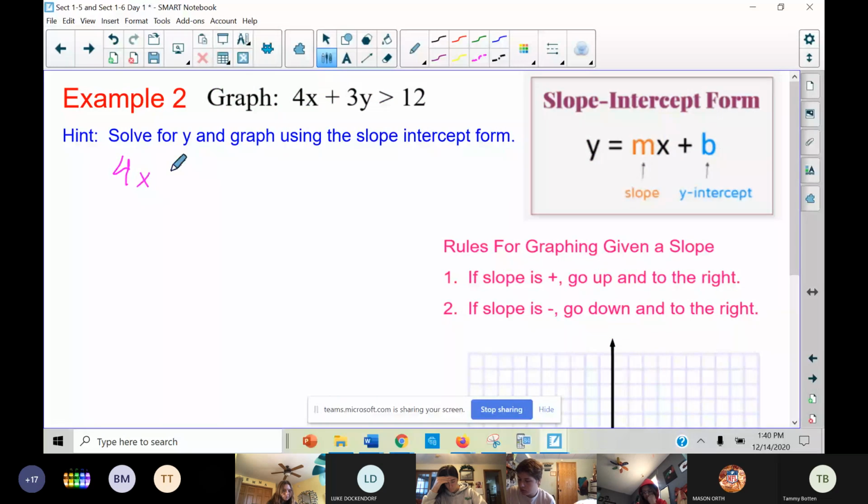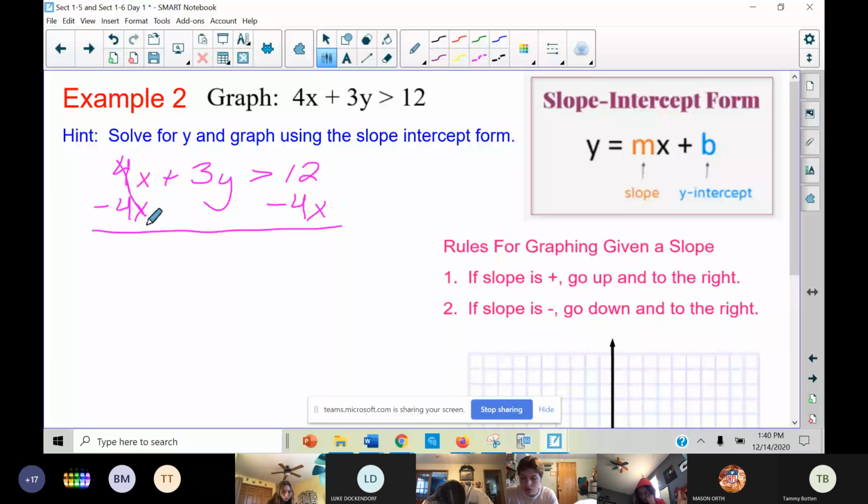Now let's go to our second one here. And notice this one is not solved for y. So what that means is I have to solve it for y. We did this last week. So you're going to bring your x over to the other side. I'm going to subtract 4x from both sides, and I get 3y is greater than negative 4x plus 12.